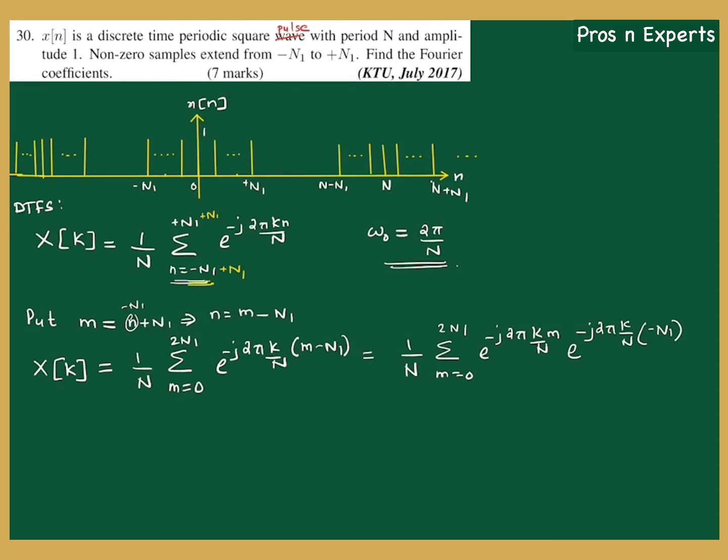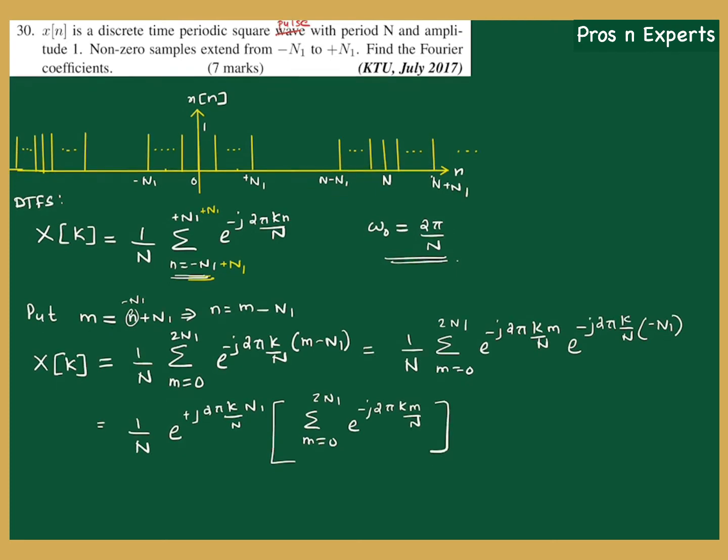Okay, and you have to note that this entire term does not depend on m, so we can take this outside the summation, which will give me X of k is equal to 1 by n e raised to plus j2 pi k by n into n1, into sigma m equal to 0 to 2n1 e raised to minus j2 pi km by capital N.